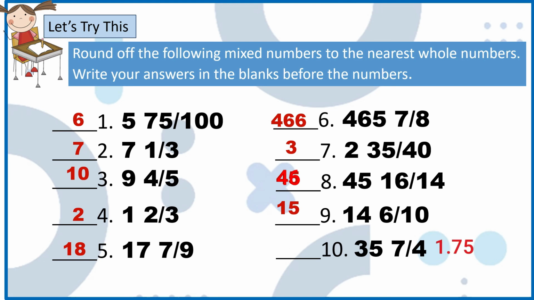So we will add 1 to 35 to make it 36. And then 36.75 rounded off to the nearest whole number is 37. Okay, did you get all the numbers right? Very good.